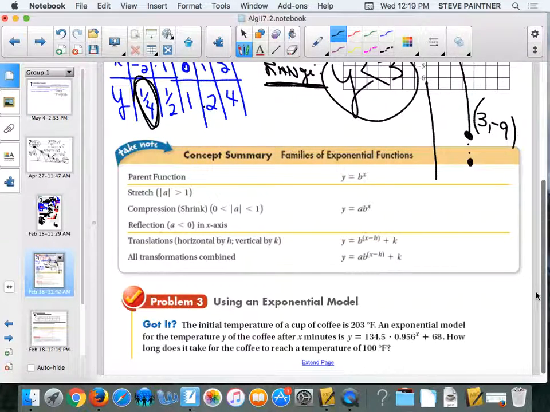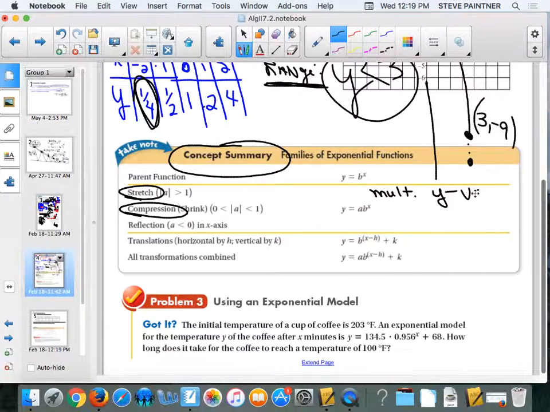Okay, hey guys, this is a quick summary of what you and I just talked about, this table. All I want to tell you about stretches and compressions is basically this. All you have to do is multiply the y value by what number? Look here.